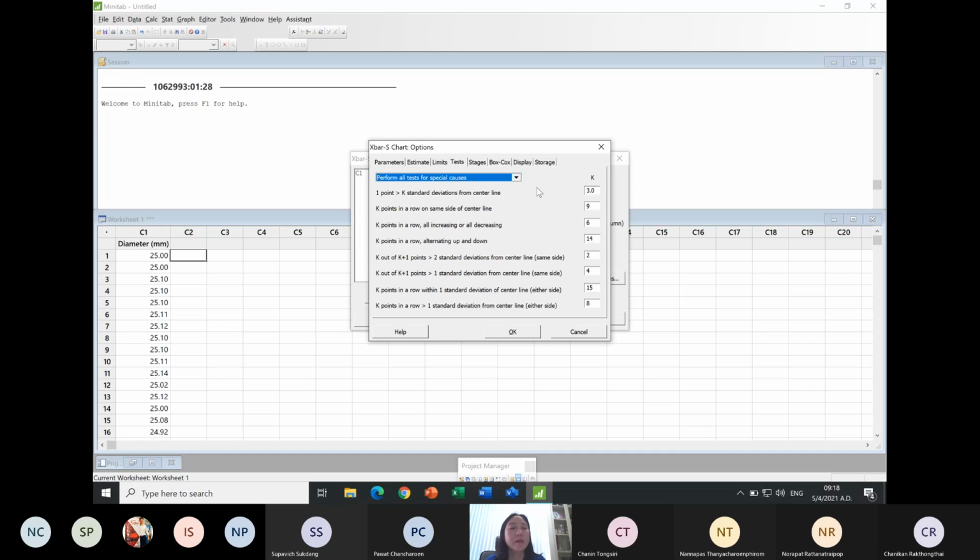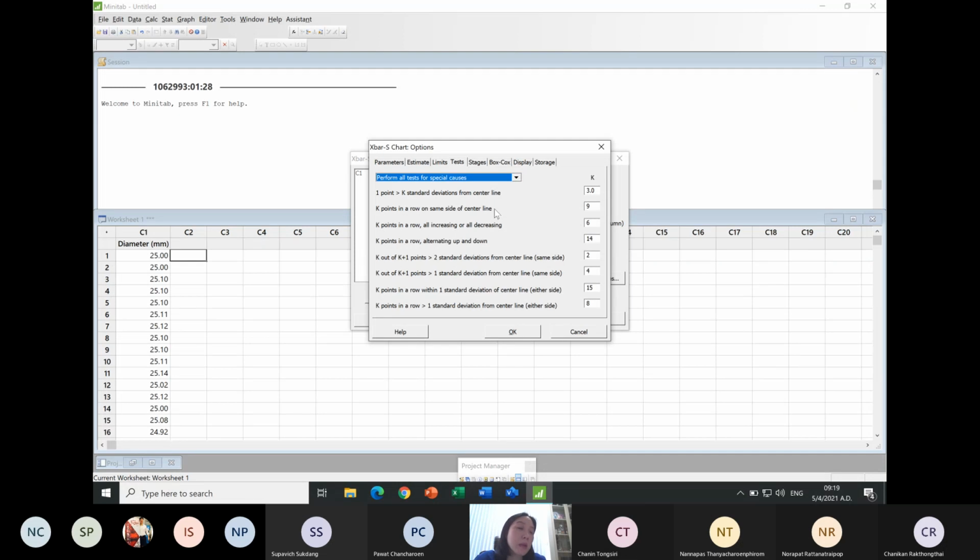from the center line, it will use this test to detect the abnormality, and this test is called extreme point, right, that we have learned before. In the second test, it says k points where k is 9.